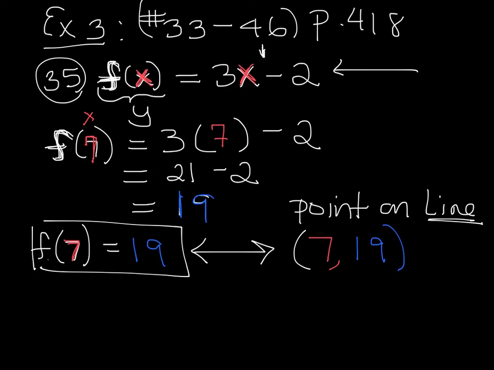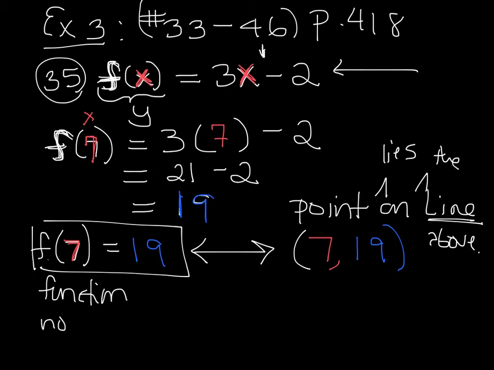So this point lies on the line above. Okay, so this is function notation. And notation just means how we write things, and this is one way of writing this.